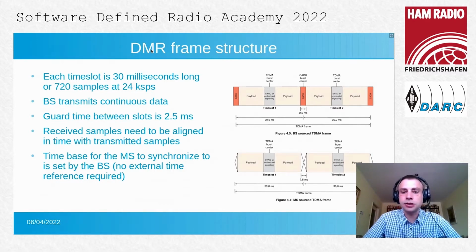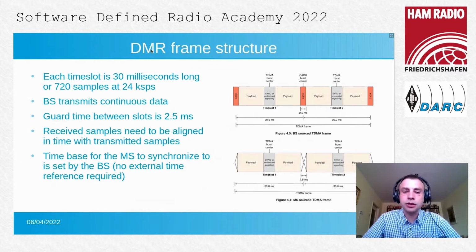Each time slot is 30 milliseconds long, which means about 720 samples at a sample rate of 24 kilosamples per second. The transmission from the base station is continuous. The time slots alternate, and between the time slots there is a common announcement channel being transmitted.